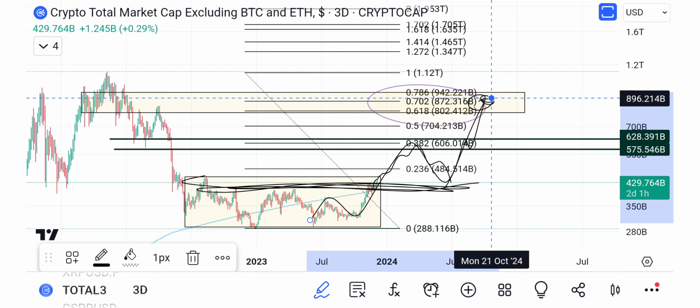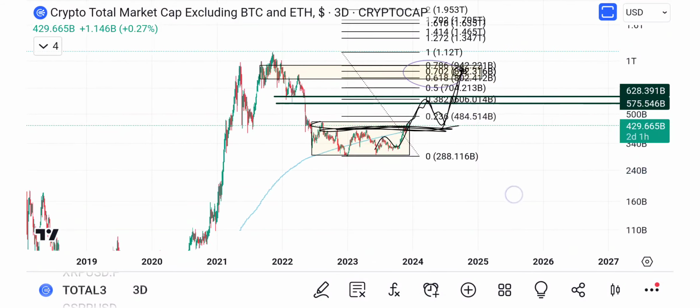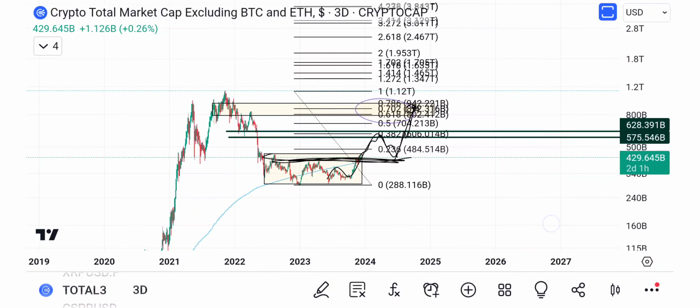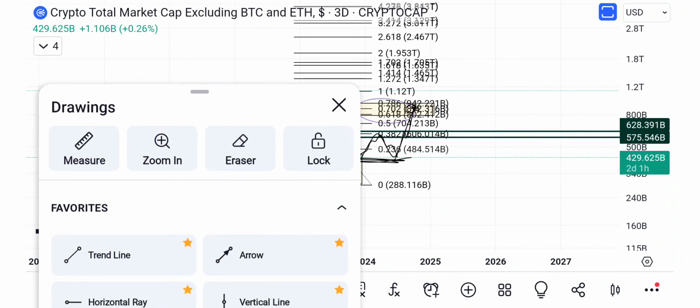Just look for the Bitcoin video, basically saying, can we get above the 618 through the 702 through the 786? So basically, can we get above 52K to 60K? If we can get above that, then we have a really good chance at an all-time high. But until then, like I said, I'm treating it as a retracement.